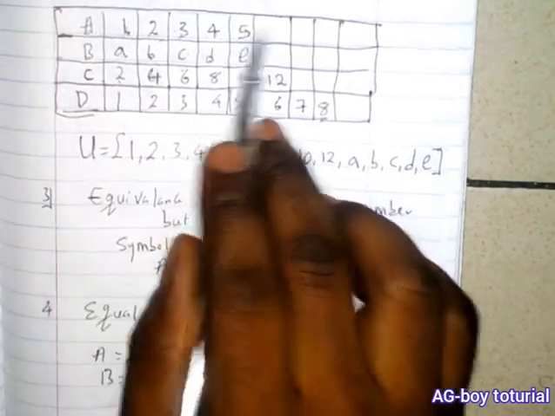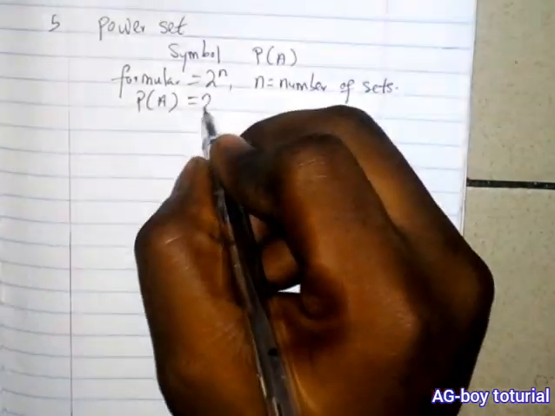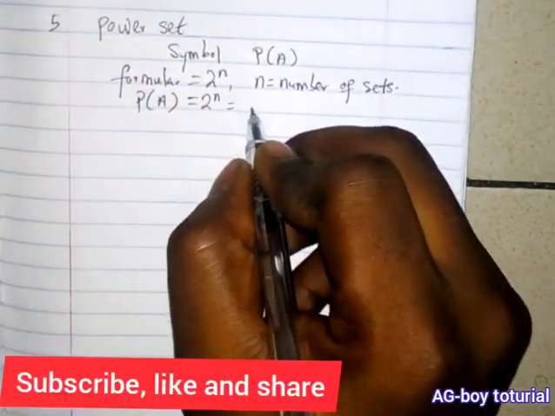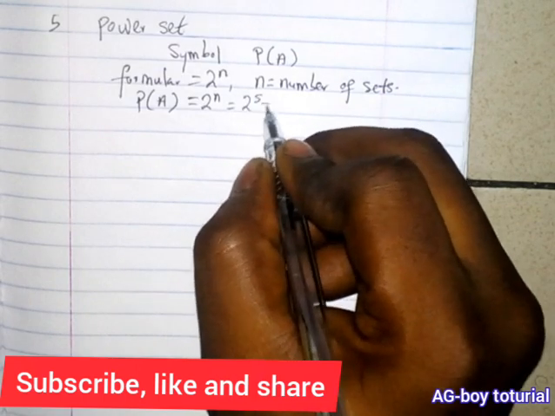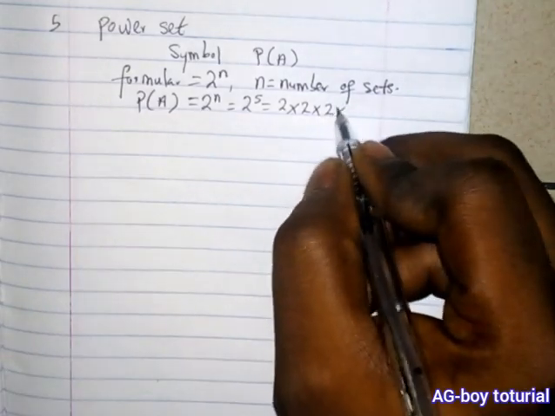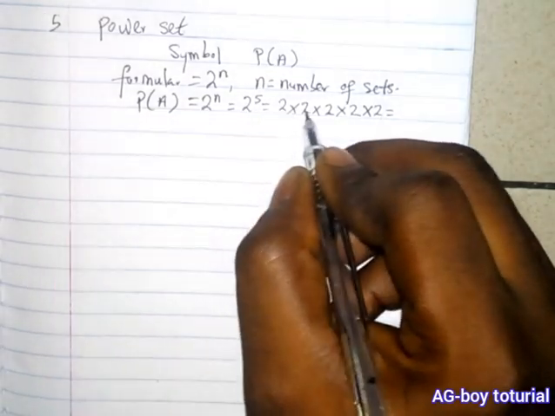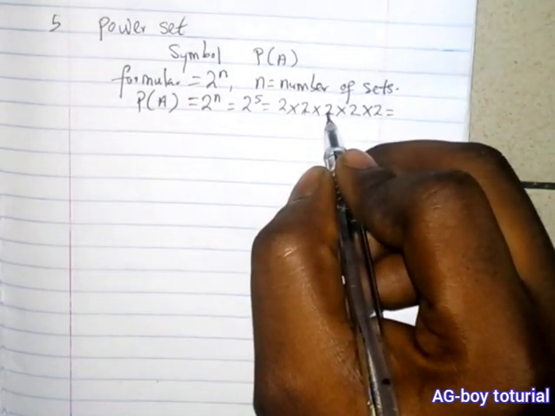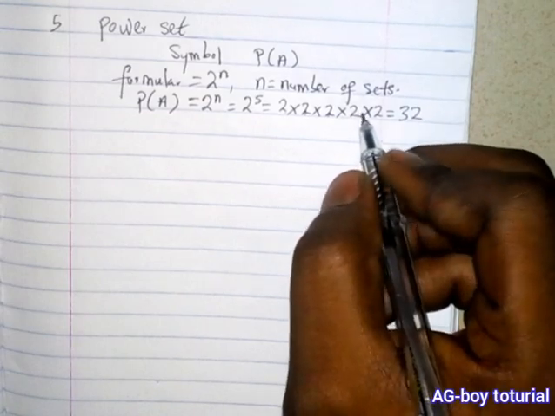You have 5 numbers, so it's going to be 2^n, where n is equal to 5. It's going to be 2 times 2 times 2 times 2 times 2. 2 times 2 is 4, 4 times 2 is 8, 16, 32.